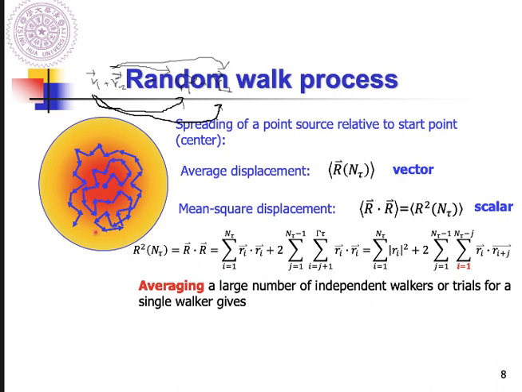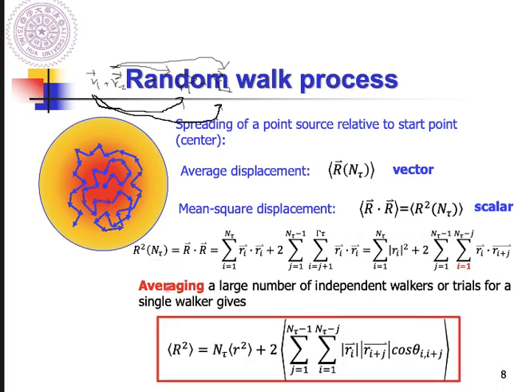And don't forget the diffusion involves many atoms, right? Many atoms do the diffusion process. So we need to average over all the independent walks or trials for all atoms. So we take the average of these equations. We average this term, and we get the mean square displacement.